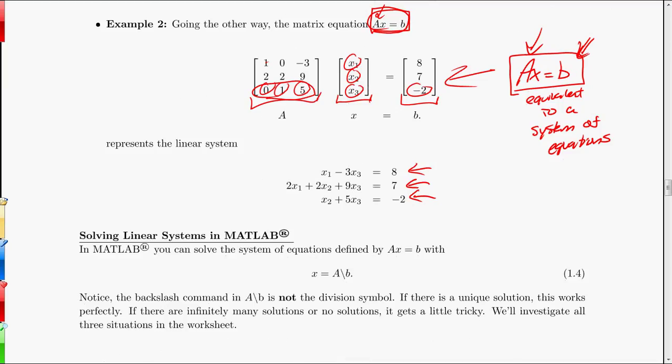But the beautiful thing about MATLAB, and the beautiful thing about this AX equals B, is that if you can get your system of equations into this form, then you can use software or Gaussian elimination by hand to solve for my unknowns, right? And in MATLAB, you can do it with the linear solve command, or you can just say x equals A backslash B. That is not the division sign.